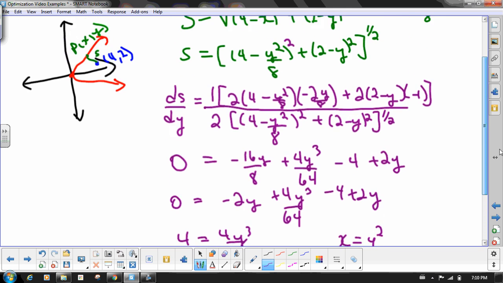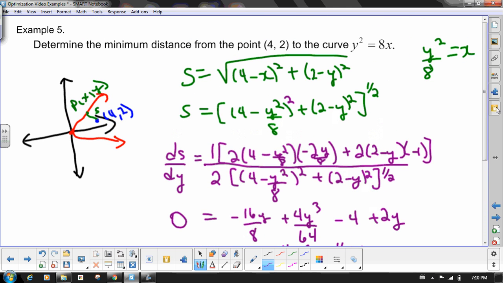So now I'm going to go back and read the question to see if I've actually answered it. It said, determine the minimum distance from the point (4, 2). So I am being asked to actually find the distance. I know that S is equal to the square root. I determined that x has a value of 2. So I have (4 minus 2) squared plus, we found y was 4, (2 minus 4) squared.